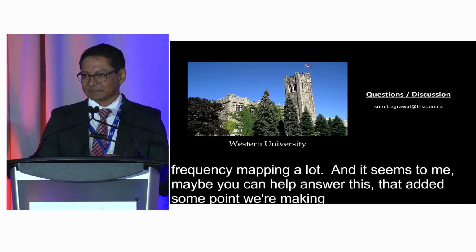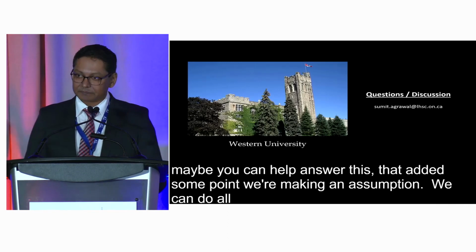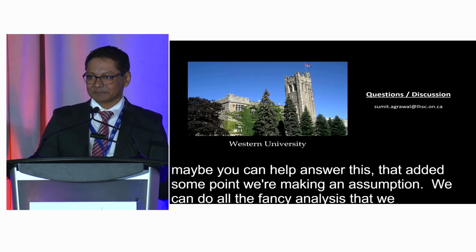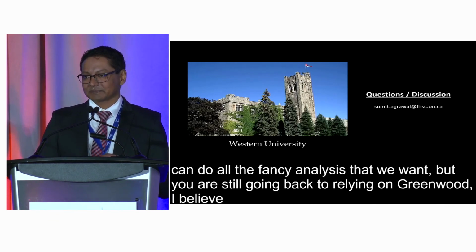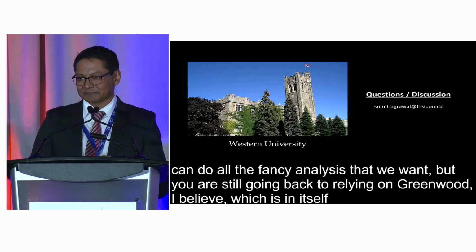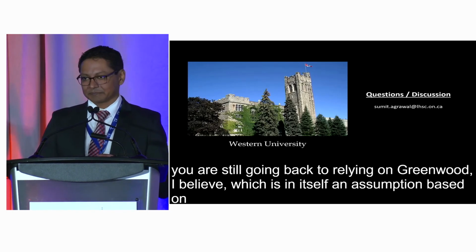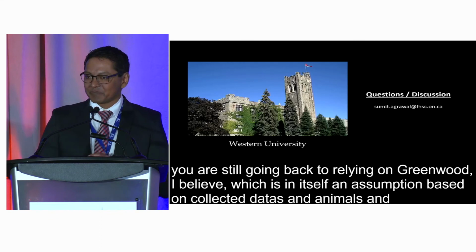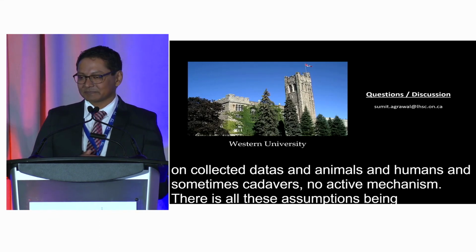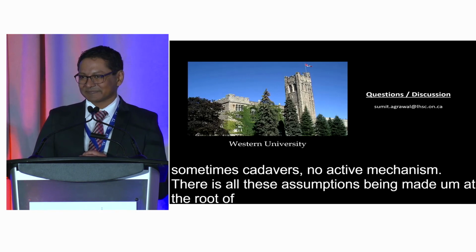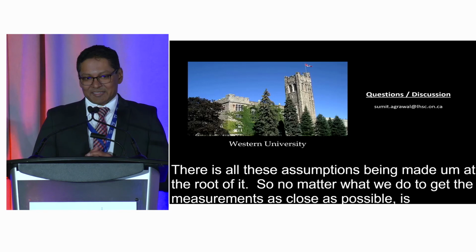We can do all the fancy analysis that we want, but you're still going back to relying on Greenwood, if I understand correctly, which is itself an assumption based on collected data in animals and humans, but sometimes cadavers, and there's no active mechanism, and there's all these assumptions being made at the root of it. And so no matter what we do to get the measurements as close as possible, is that always going to be a problem? And if so, what can we do about it?